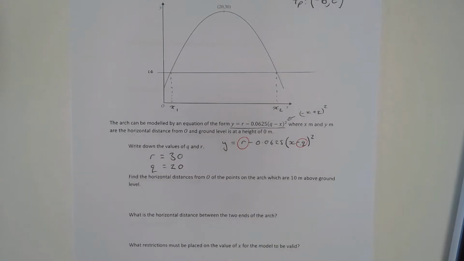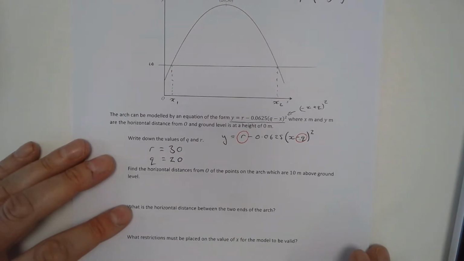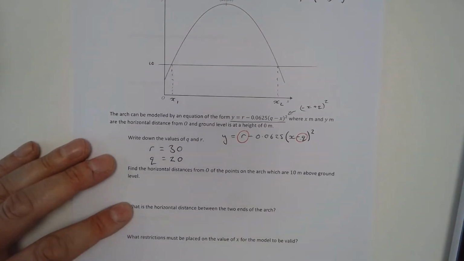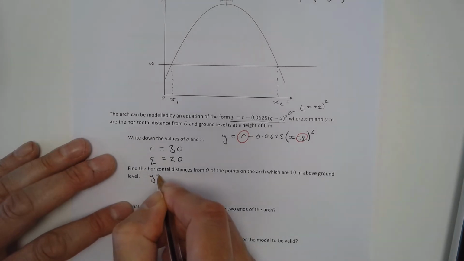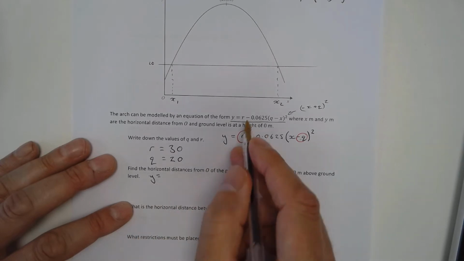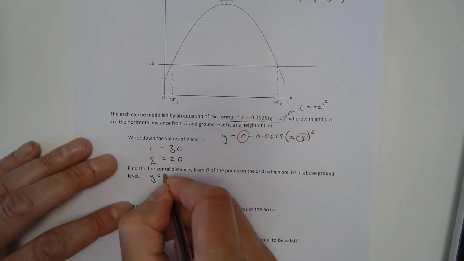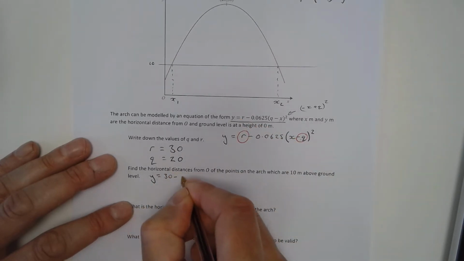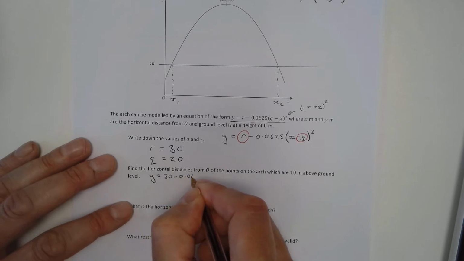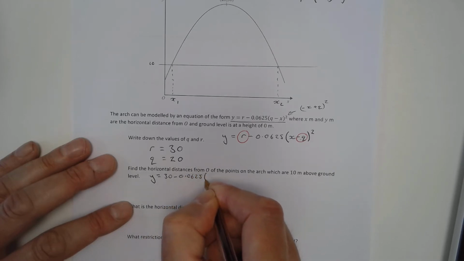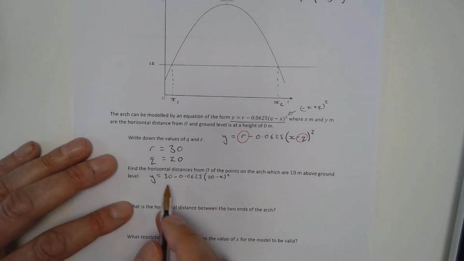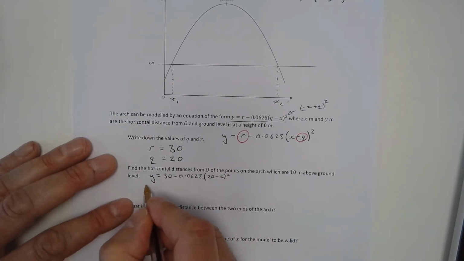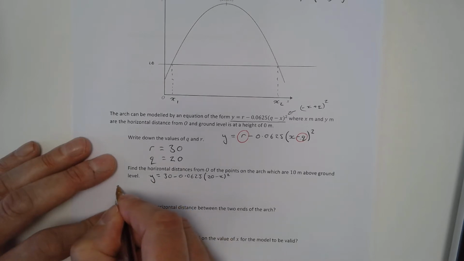Okay, so what I'm going to have to do is solve this equation. So I'm going to put my two values in. So I've got y equals 30 minus 0.0625 (20 minus x) all squared. That's my equation, and I want to solve where that equals 10.